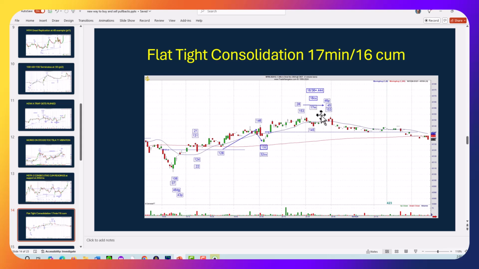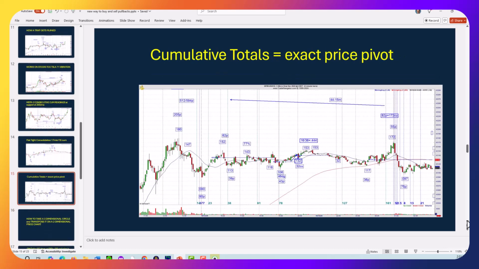And no one's showing you stuff like this because they don't even know that it's there. But look at the edge that it gives you. But you have to understand that it is an edge. Cumulative totals give us the exact price pivot.